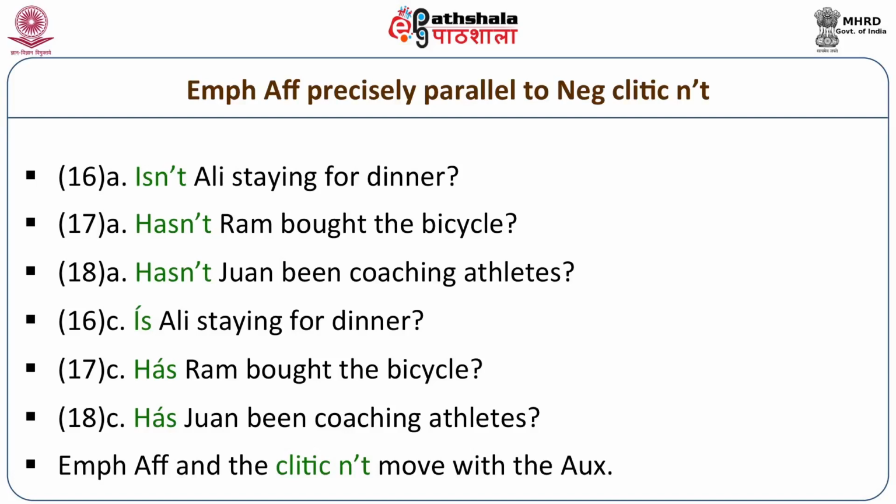An element is called a clitic when it is halfway between a full word and an affix. So n't in isn't Ali staying for dinner, in hasn't Ram bought the bicycle, or in hasn't Juan been coaching athletes, is a negative clitic attached to the first auxiliary in the complex.